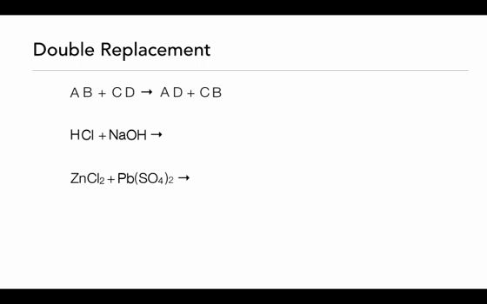So let's see how this is applied to actual compounds. In hydrochloric acid and sodium hydroxide, in the reaction, the hydrogen and the sodium will trade places. Those are both our cations. The hydrogen is a 1+, sodium is a 1+, chloride is a 1-, and the hydroxide is a 1- as well. When we go to predict the first product, we can predict it as hydrogen hydroxide, or we can call it water because it's the formula for water.